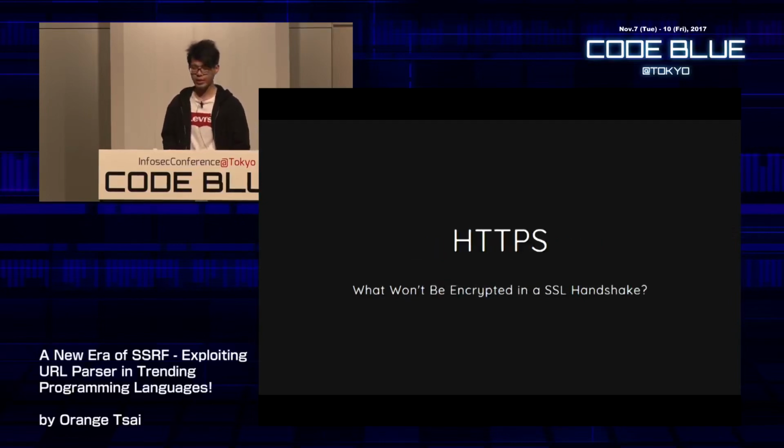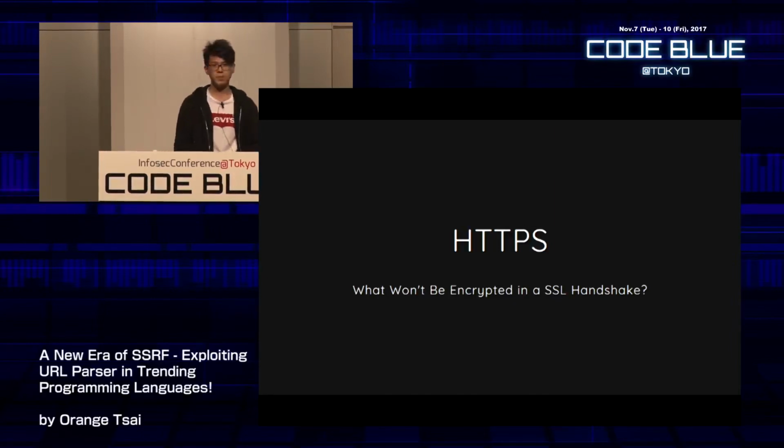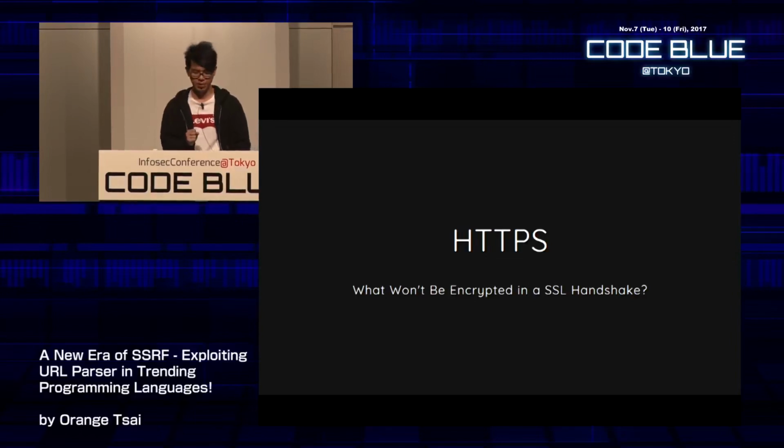Let's smuggle the SMTP protocol over HTTPS. HTTPS is a secured protocol, so the attack payload will be encrypted. So how? Let's think about a question. What won't be encrypted in an SSL handshake?